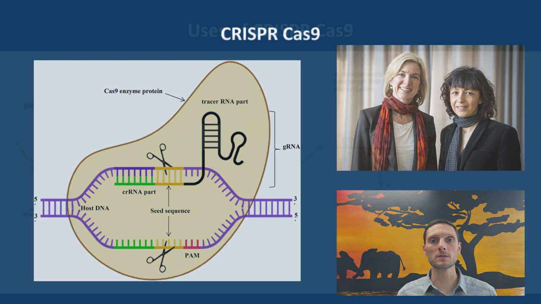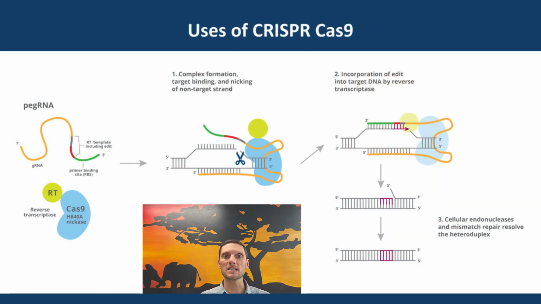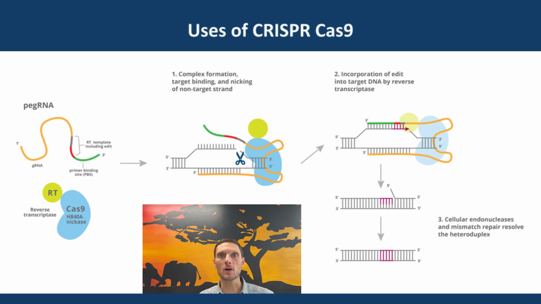In order to use CRISPR-Cas9 for gene editing, there's a number of steps that are required in order to prepare for target sequence identification and modification. And the first portion of that is the preparation of the guide RNA, sometimes referred to as pegRNA. The 5' end has a usual guide sequence, and 2 extra sequences are added immediately adjacent to each other at the 3' end, one being a primer binding site and an RNA copy of the desired replacement base sequence for gene editing, and this is called the RT template.